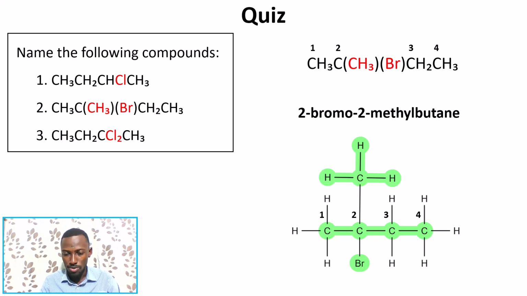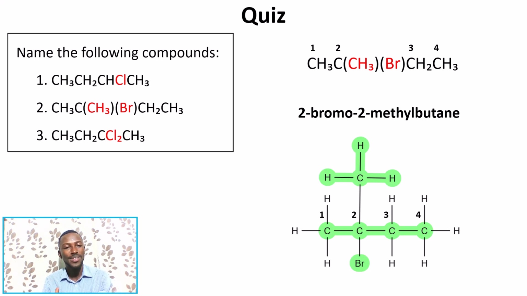So 2-bromo tells us that there's a bromine attached to carbon number 2, and 2-methyl tells us that there is a methyl group attached to carbon number 2, and butane tells us there are how many carbons in the longest continuous chain? 4.